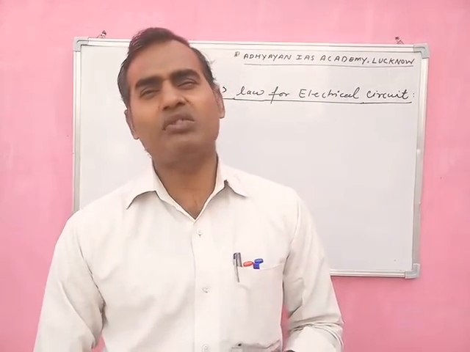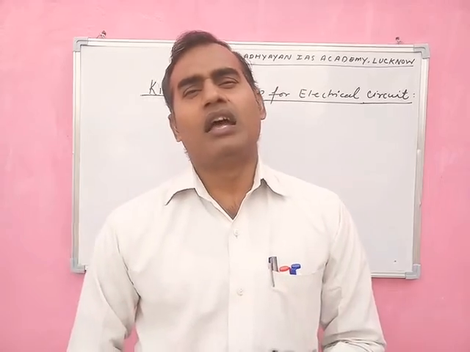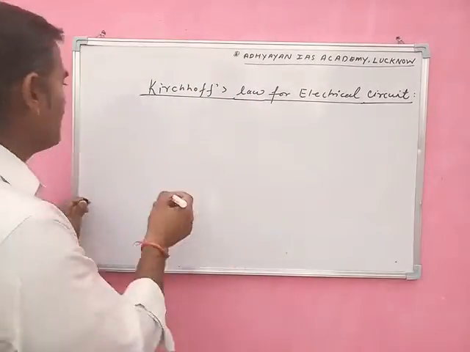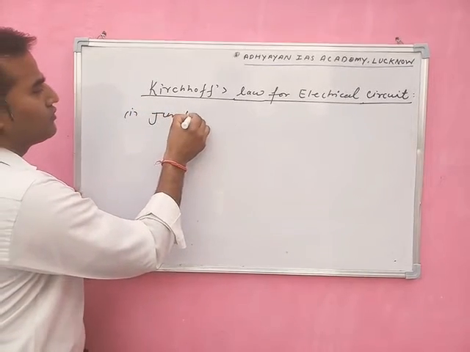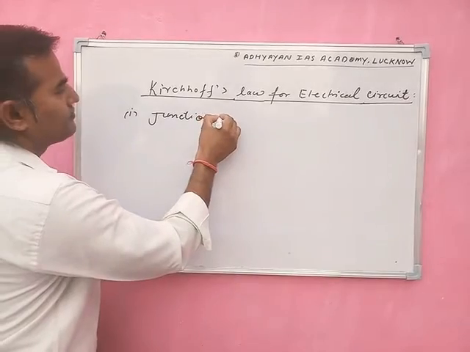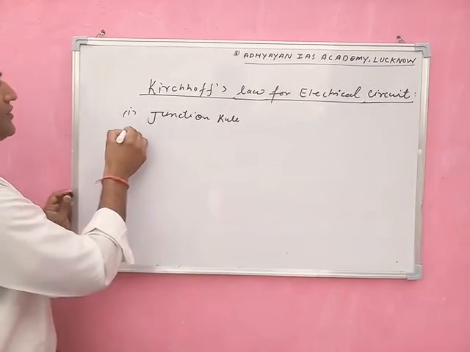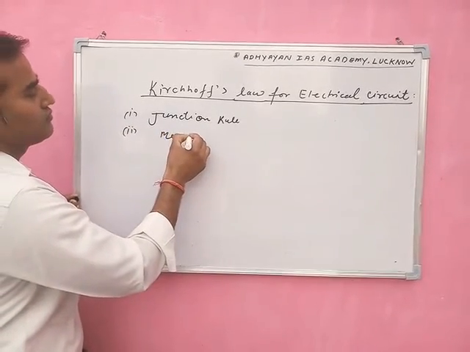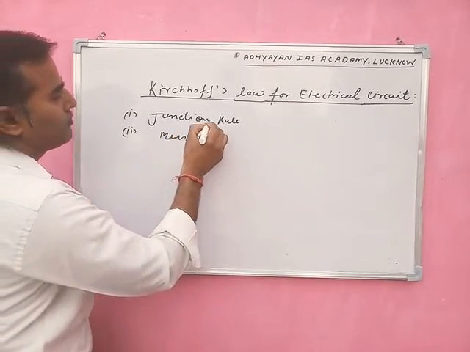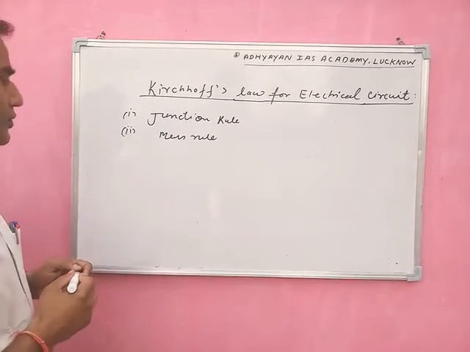Kirchhoff gives two laws regarding circuits, the first law and the second law. The first law is the junction rule, and the second is the mesh rule, or Kirchhoff's second law.